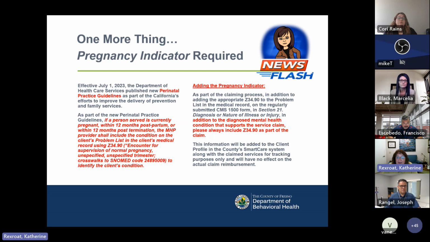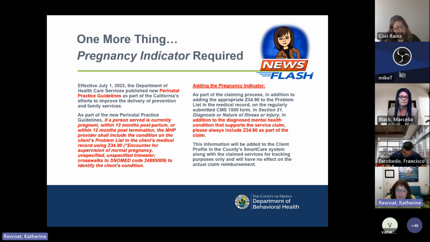As part of the new perinatal practice guidelines, if a person served is currently pregnant, within 12 months of postpartum, or within 12 months of post-termination, the MHP provider should include the condition on the client's problem list in the client's medical record using Z34.90, encounter for supervision of normal pregnancies, unspecified trimester, and it does crosswalk to a SNOMED code to identify the client's condition.